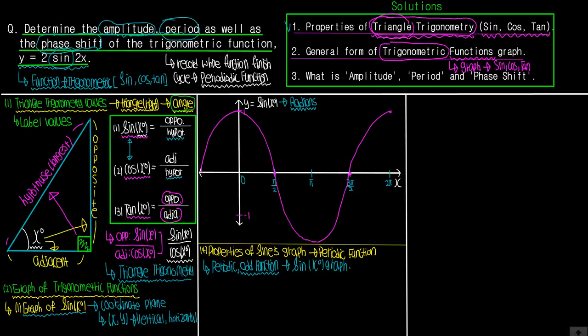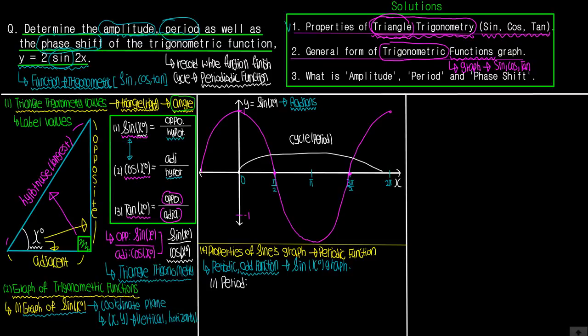Now the next thing that we're going to talk about is the actual graph's properties. Firstly, what is the period, which means how many cycles does it contain. Well, there are totally 2 pi, and that 2 pi is going to be its total cycle, which we call our period.